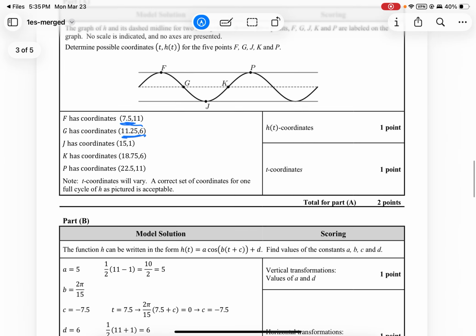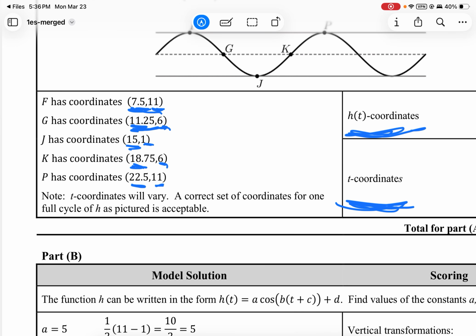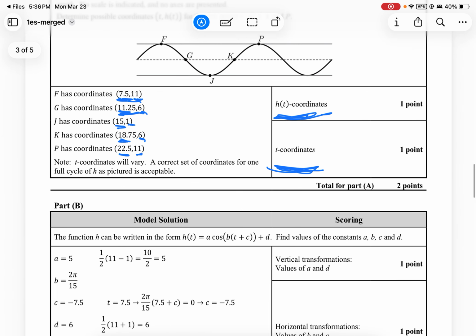So if you need feedback on if yours is correct or not, let me know. You get 1 point for the correct output and 1 point for correct input. So even if you just got 11, 6, 1, 6, and 11, that's a full point. If you got inputs that make sense, even if they're not the exact inputs I showed, those would also get you a point.